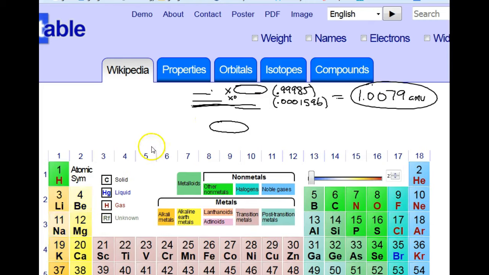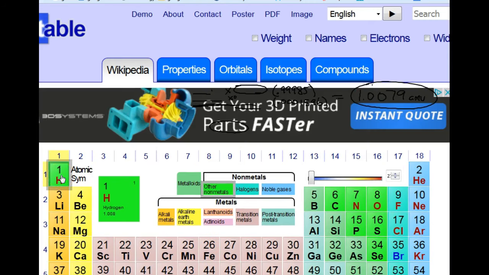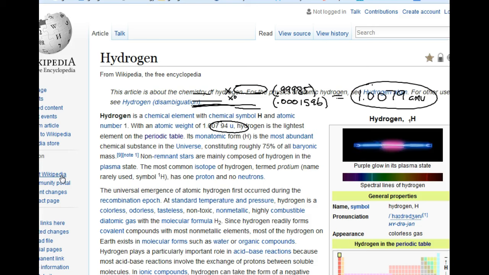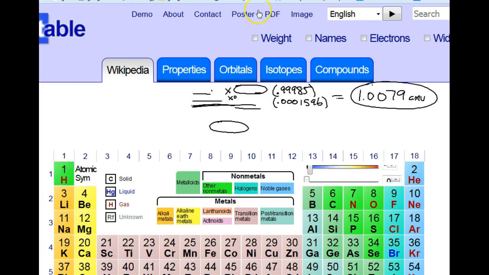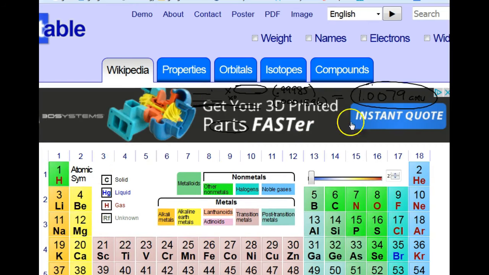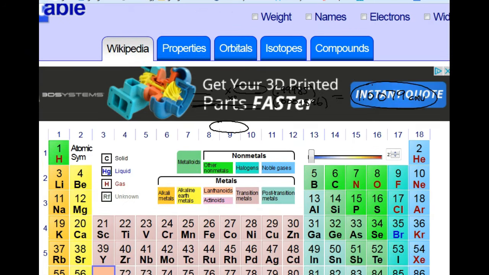There it is. We go to hydrogen, and it's got 1.008. It's rounding up the 79 to 8. So if we take the 9 and round this up, it'd be 1.008, and that's what we have. See it there in the left-hand corner? Okay, so that's good. That's one example.